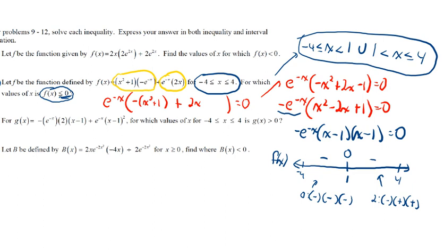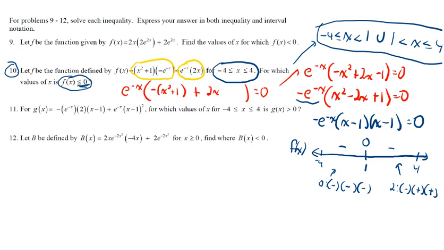I'm suggesting taking out an e to the negative x and an x minus 1. If you look at this term, what's left if I take out the e to the negative x and the x minus 1? Oh, true. And this negative, negative, right? So negative 2 goes here. Plus what?